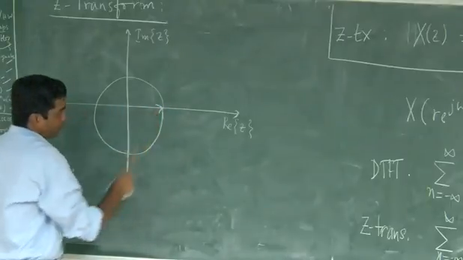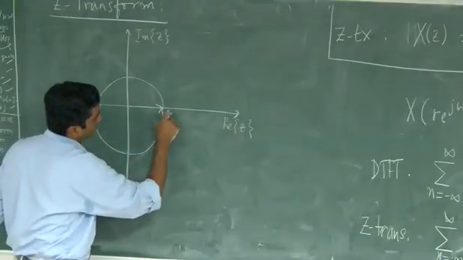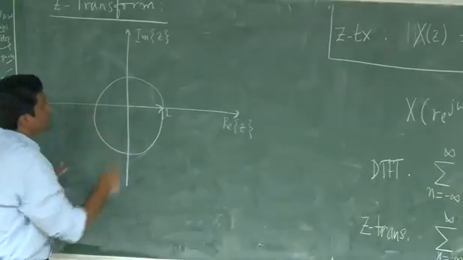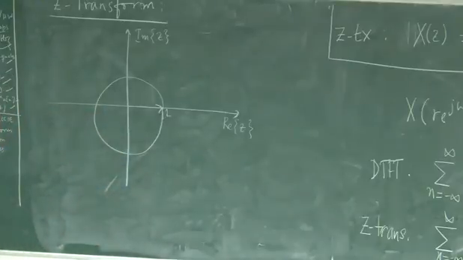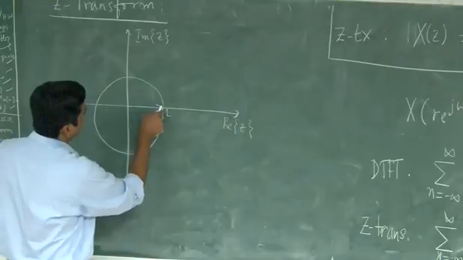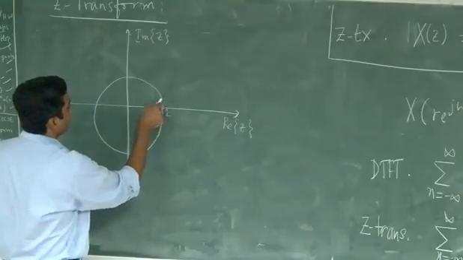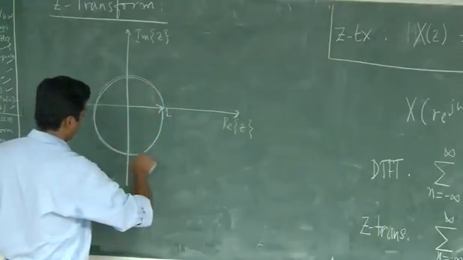And if you recall the DTFT of a signal, we said that it's going to be defined from minus pi to pi, right? So in the Z domain, that actually translates itself to wrapping your DTFT along this circle here.